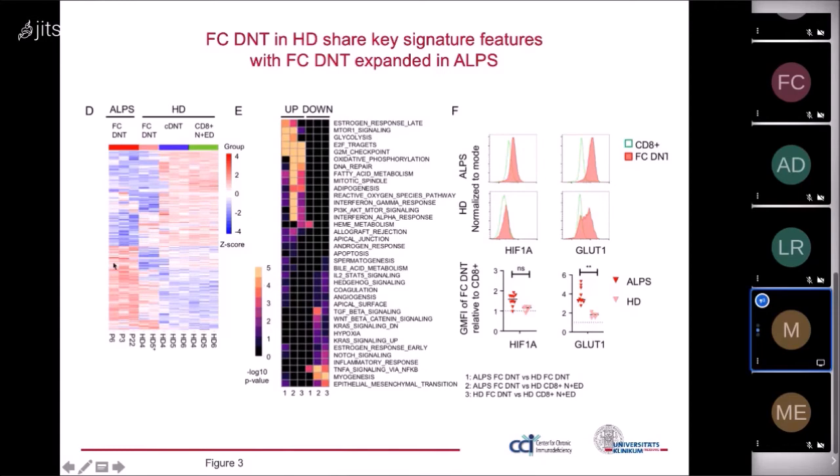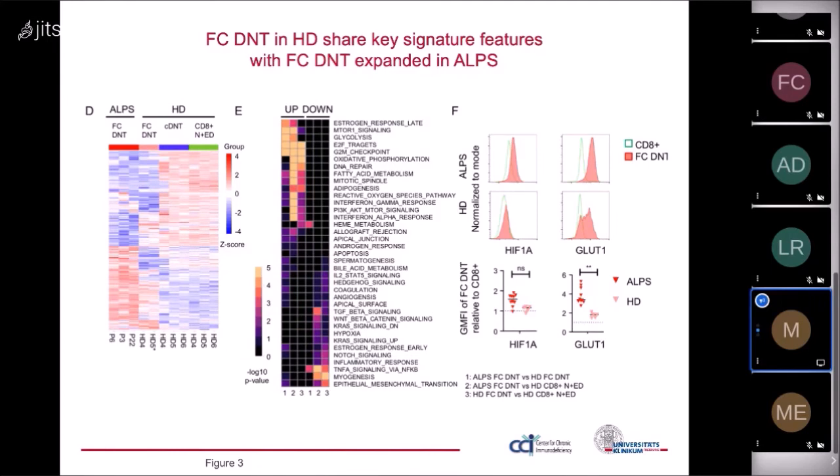So we performed gene set enrichment analysis here, and we saw that the pathways involved in this difference were mainly pathways of cell cycle progression, glycolysis, and mTOR signaling, possibly suggesting that this difference was an activation state difference more than something else.